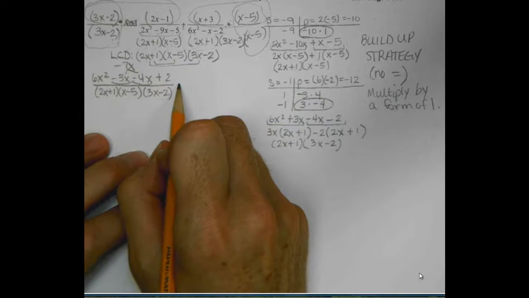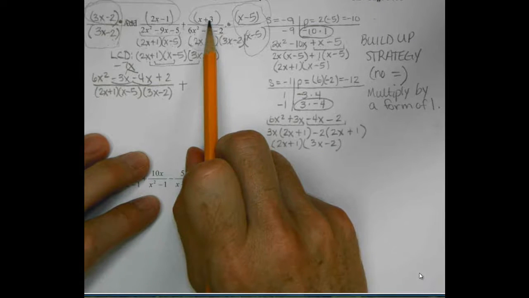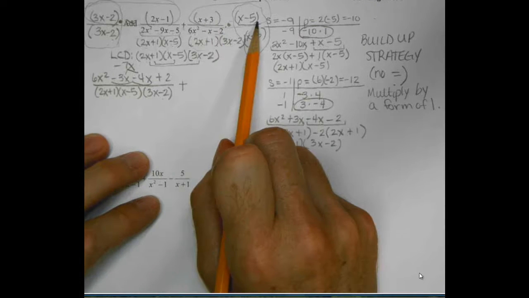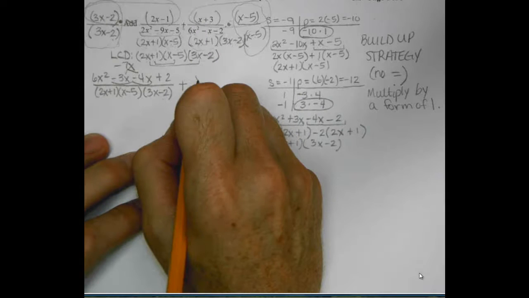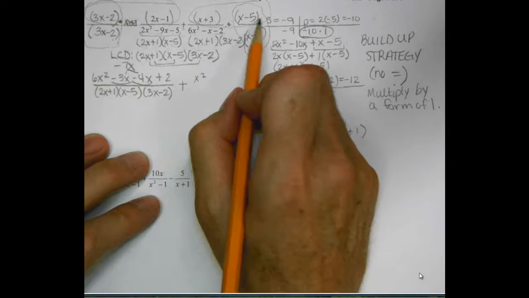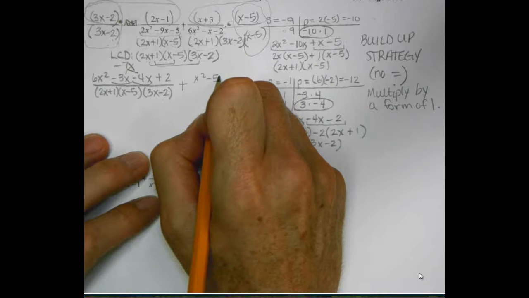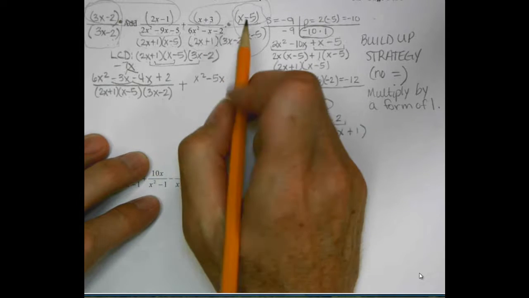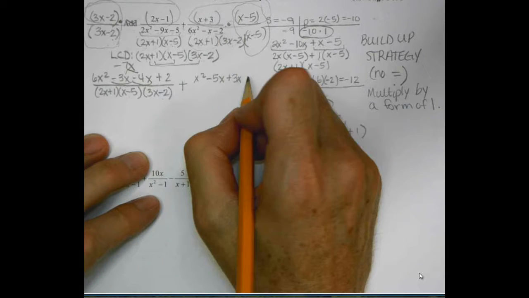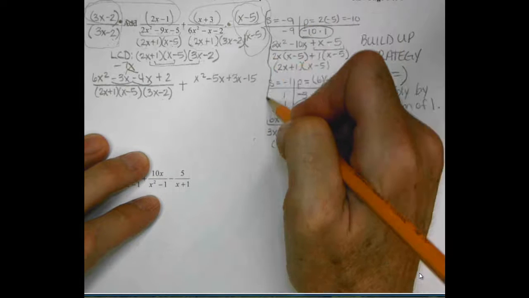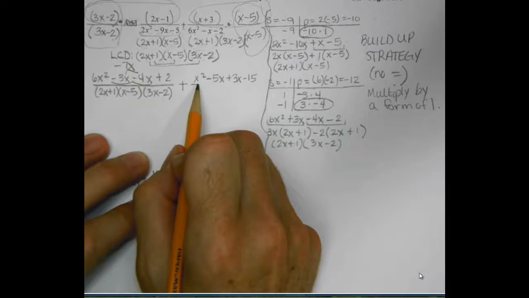I'll carry that down. And I want to do the same thing with these two numerators, use FOIL to multiply them out. So I'll multiply x times x, gives me x squared, x times negative 5 gives me negative 5x, 3 times x, positive 3x, and then 3 times negative 5, a negative 15. Kind of separate my scratch work there a little bit.